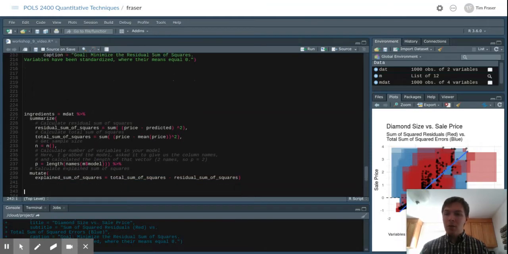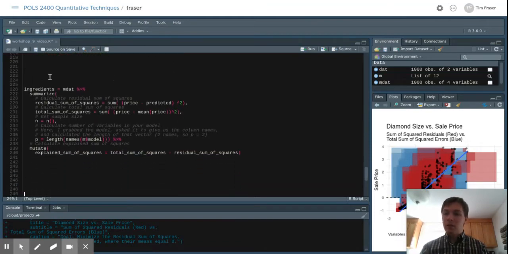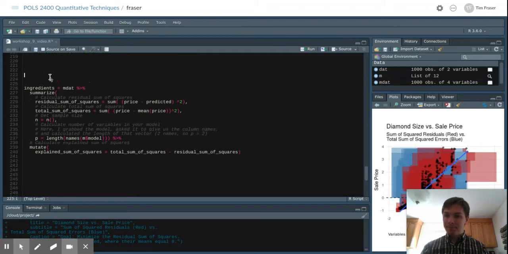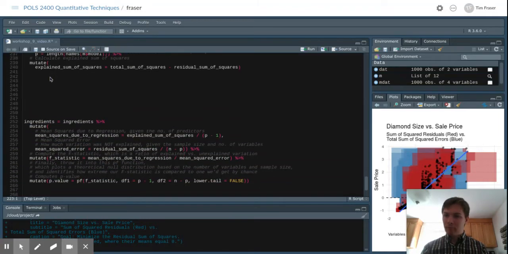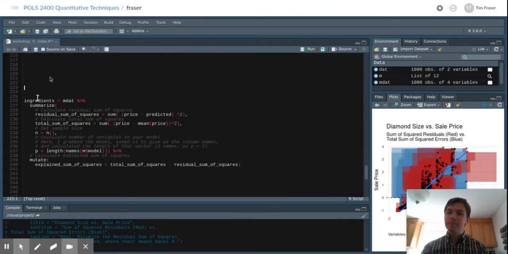There's another thing that we might want. We might want to calculate something that we can get statistical significance with. We can do this using the F statistic.